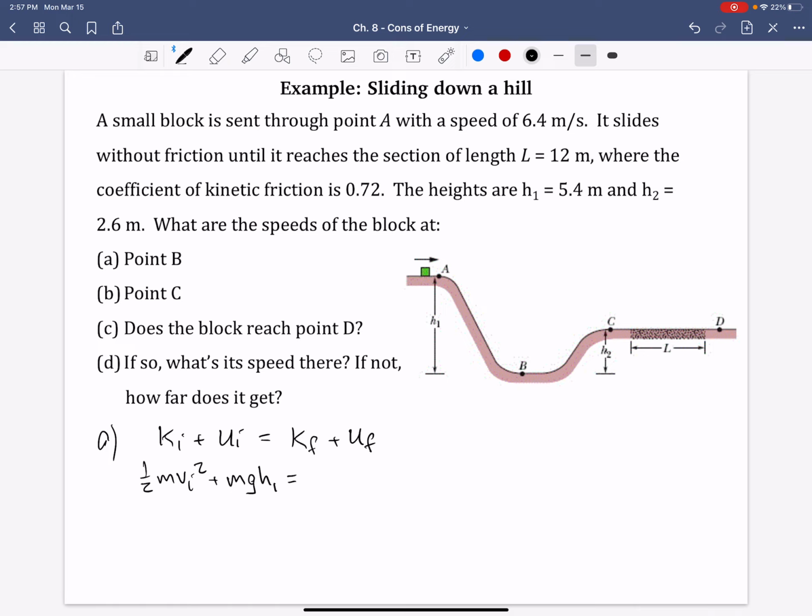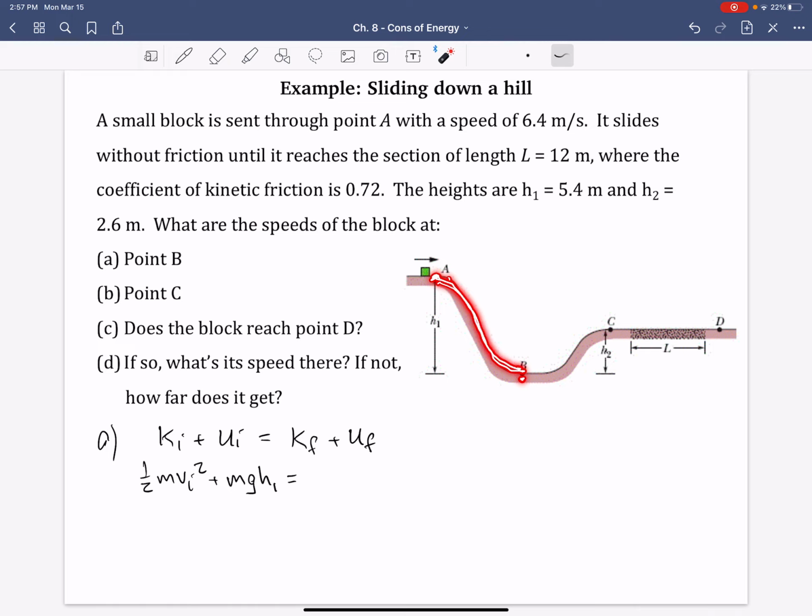And then lastly, at point B, that's our quote-unquote final position. It's going to be increasing speed. It will have gotten faster down here. Why? Well, the energy that was potential up here is being converted into kinetic energy down here. As it's falling, it's speeding up and speeding up.